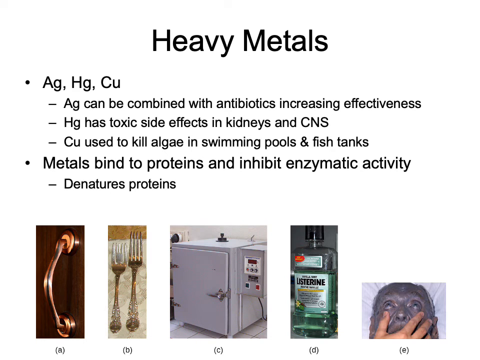And that's what happened to the gentleman in E. He ingested too much colloidal silver over an extended period of time. Now, a little tiny bit is okay, but if you take it continuously in larger amounts, it is not very good for you, and it can turn you a permanent color of Smurf blue.